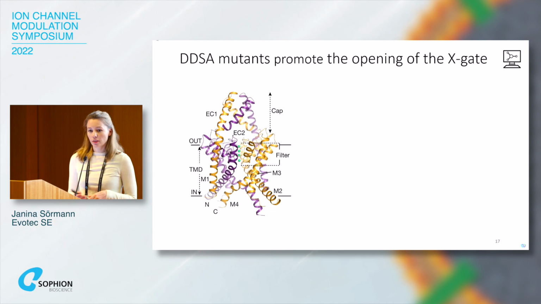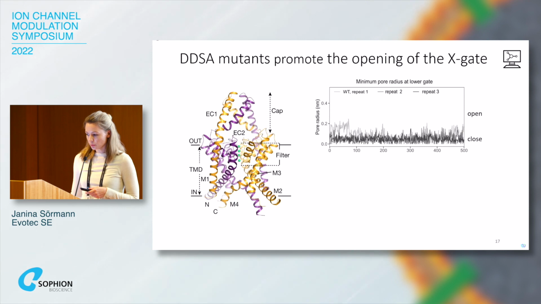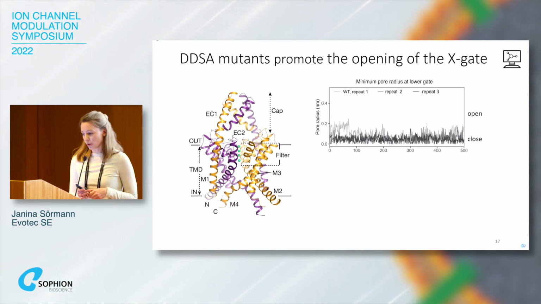So we wanted to understand why we have this higher open probability. Therefore, we performed molecular dynamics simulations based on the crystal structure in the closed state. In the wild type, we performed runs for 500 nanoseconds, and we did not see an opening event.